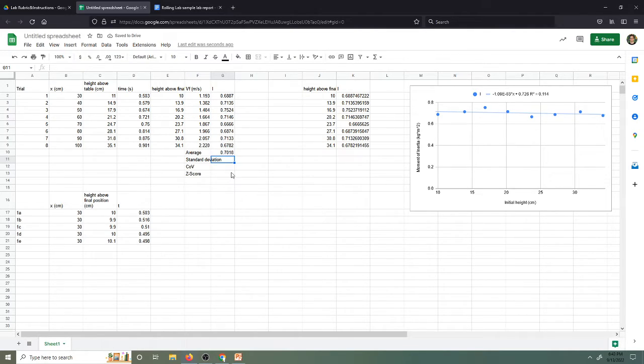In that case, I did not want to autofill, but that's my average. Same thing for standard deviation. You write STDEV, open parentheses, highlight those 8 trials, close parentheses. Make sure you do not highlight your average as well.